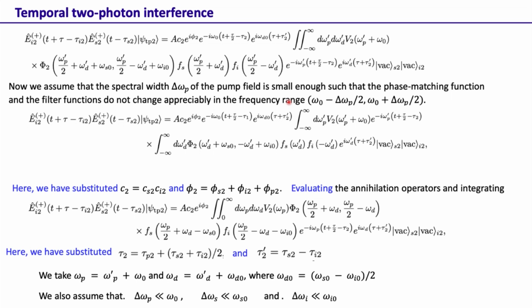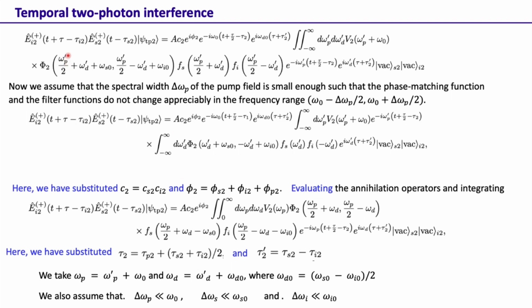So with these assumptions, we can actually separate the two integrals, omega p prime and omega d prime. The omega p prime integral has the V2, and then the omega d prime integral has the rest of it. Of course, this one does depend on omega p prime, but we assume that the phase matching function doesn't change much in this omega p prime range, and that's why we can replace this omega p prime by just its central value.